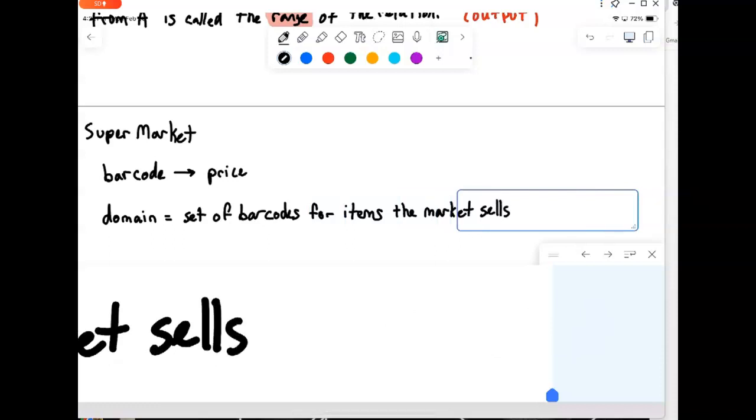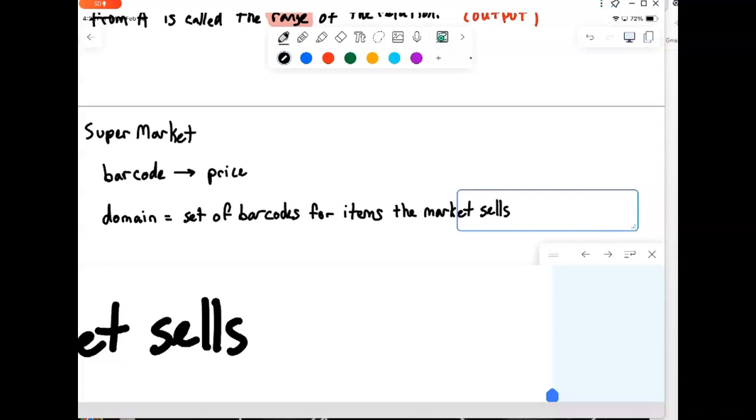Right? So only items the market actually sells will be a part of the domain. If the market doesn't sell it, it's not going to locate it. So if you took your textbook in and scanned the barcode off of the textbook for a class at the supermarket, it's not going to know what that means.